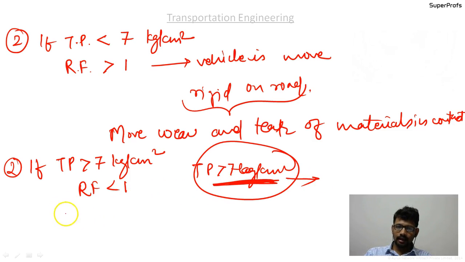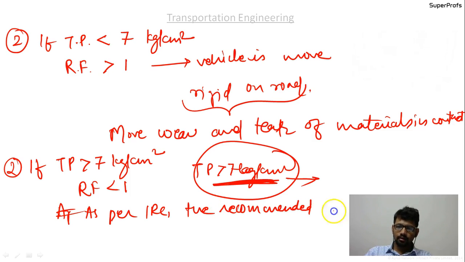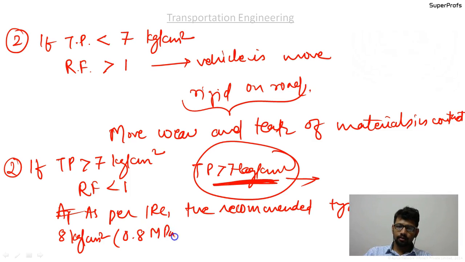So that is the reason, as per IRC, the recommended tire pressure is 8 kg per centimeter square, that is 0.8 MPa, okay.